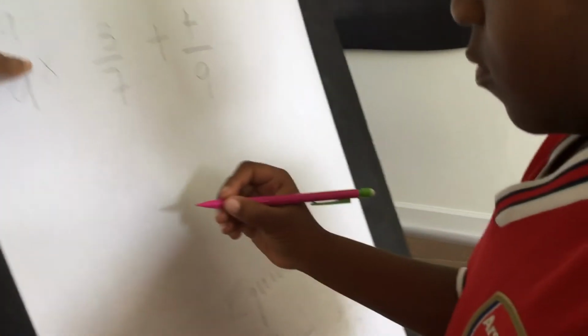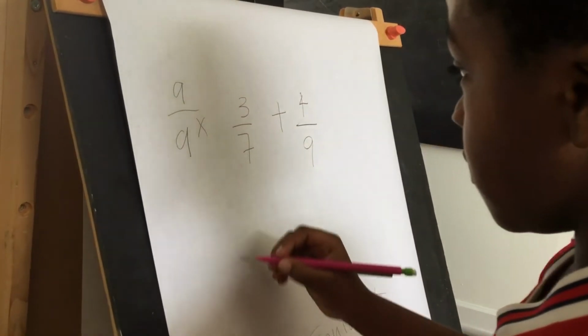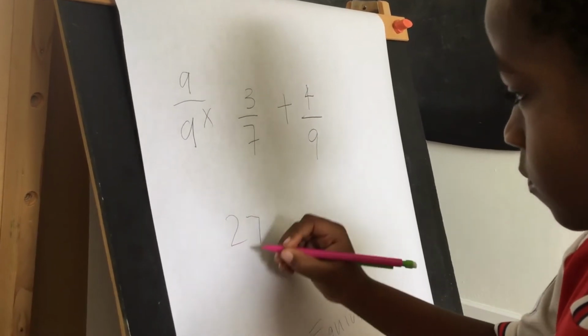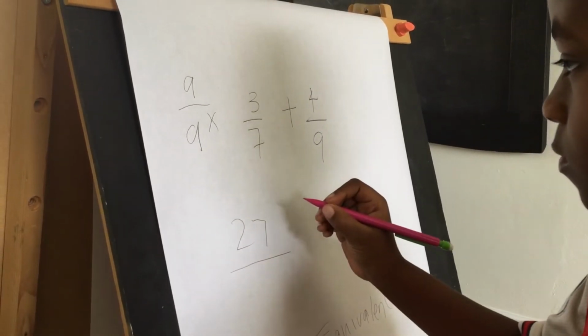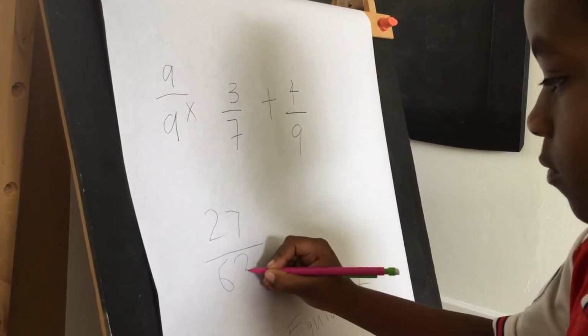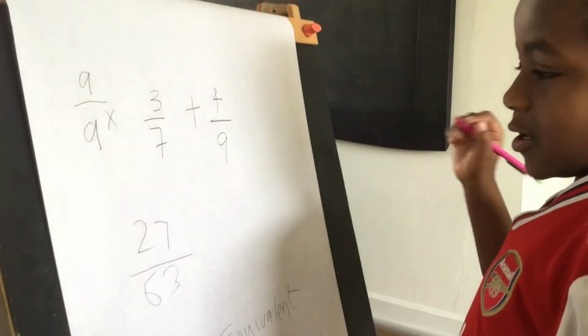Don't forget to show your division sign here. Right, okay, go ahead. Very good. So now don't forget to do this side. I would always do this side as well before.